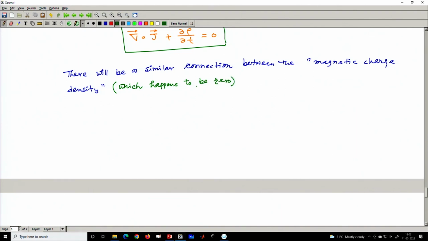Because we know that there is no magnetic charge, but if it were there, then there should be a similar connection between magnetic charge density and the magnetic current density, which is also 0, because we know that there is no magnetic current.